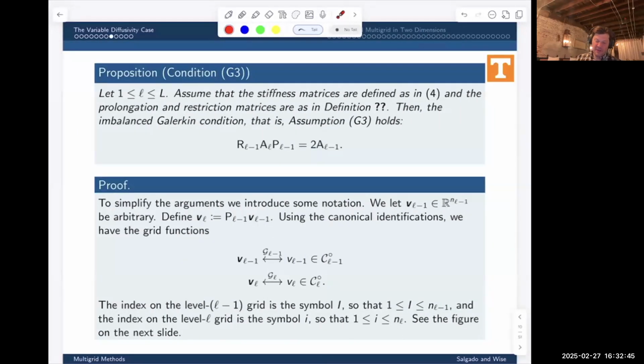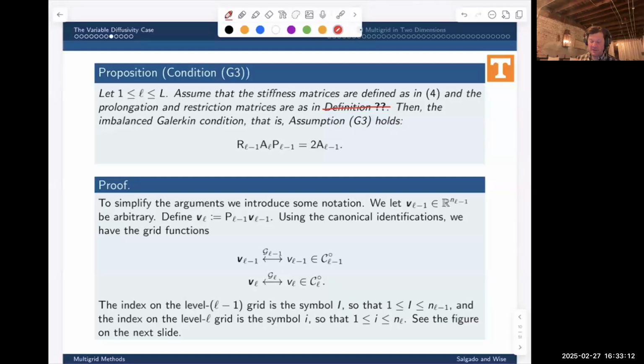All right, so the first thing I want to do, here's a typo that I want to address. We want to prove that the Galerkin condition holds for this case. Because we've defined these coefficient matrices, these stiffness matrices, on all levels, we can ask the question, does the Galerkin condition hold? I shouldn't have called it the wrap condition.